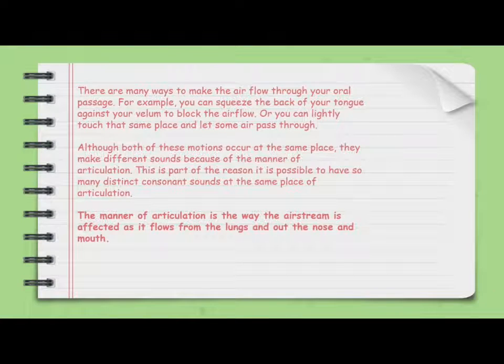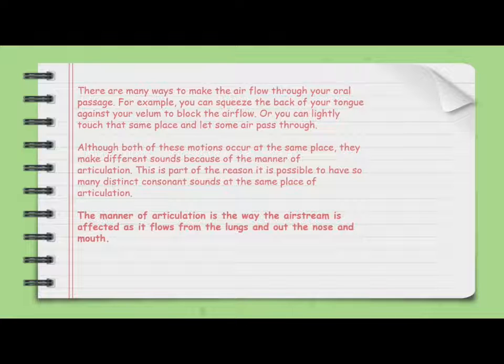There are many ways to make the air flow through your oral passage. For example, you can squeeze the back of your tongue against your velum to block the airflow, or you can lightly touch that same place and let some air pass through.